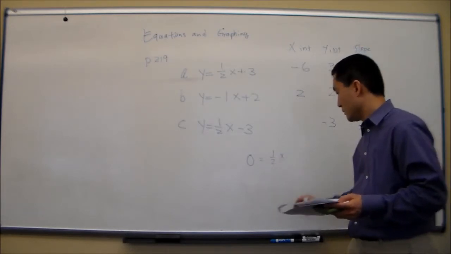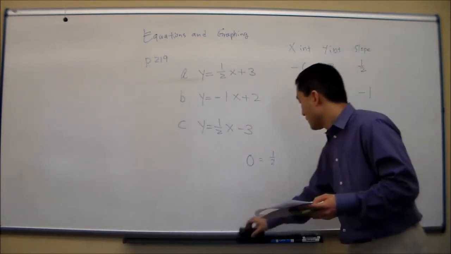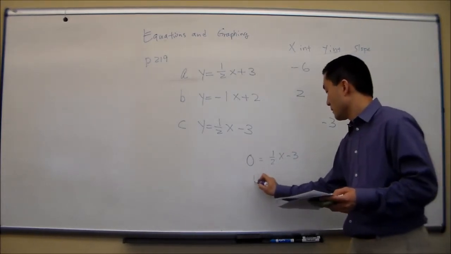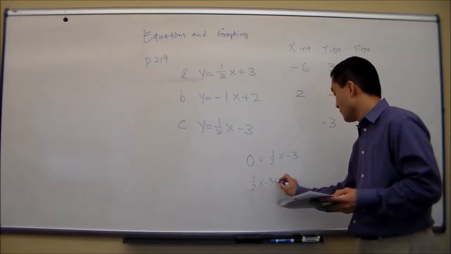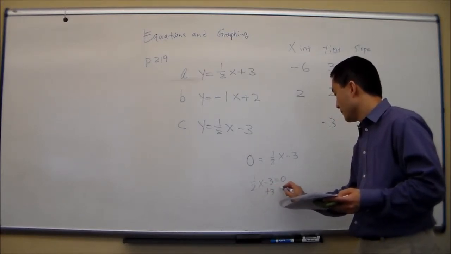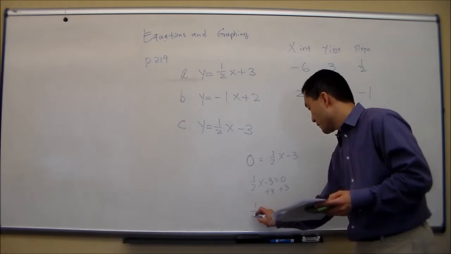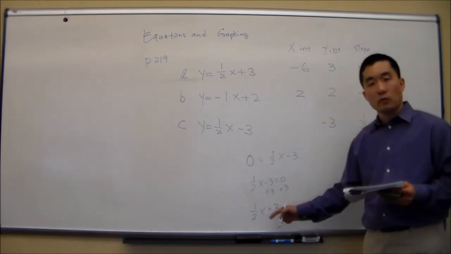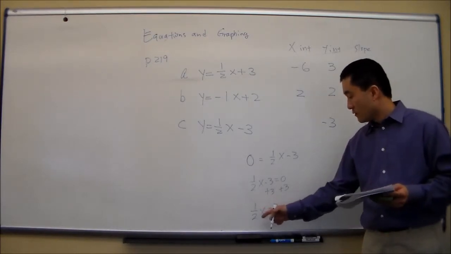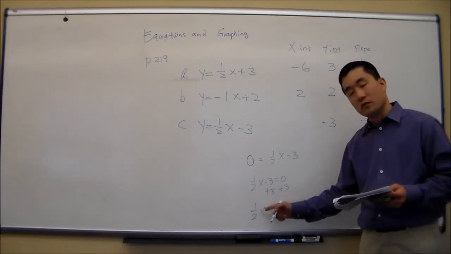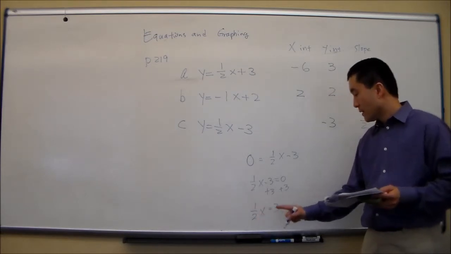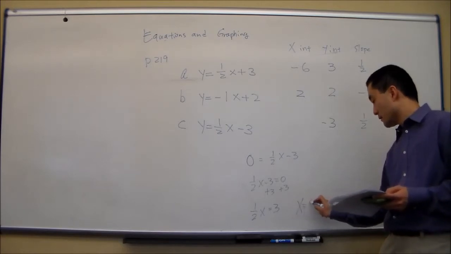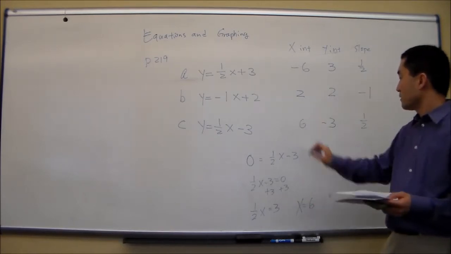Half x minus 3 is 0. Add the 3. So half x is 3. Same deal as before. This is divided by 2, so how do I undo that? Multiply by 2. So multiply this side by 2, multiply that side by 2, you get x is 6. So 6 right there.